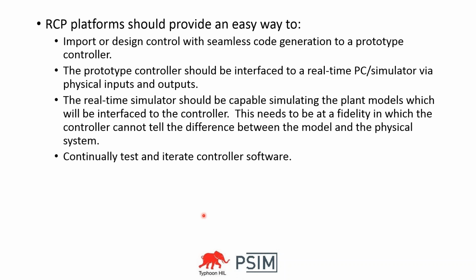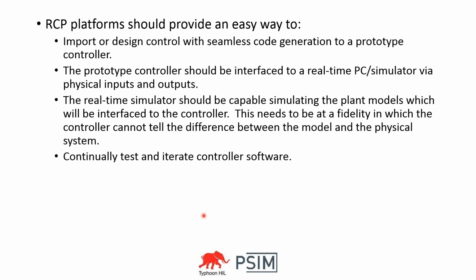The real-time simulator should be capable of simulating these plant models, which will be interfaced to the controller. And this needs to be at a fidelity where the controller can't tell the difference between the plant model and the real physical system. So you need a really fast simulation step time here, and you need to have a very good plant model.